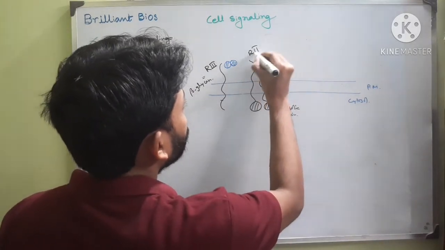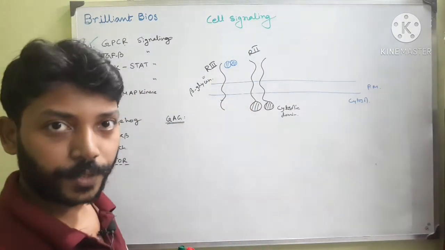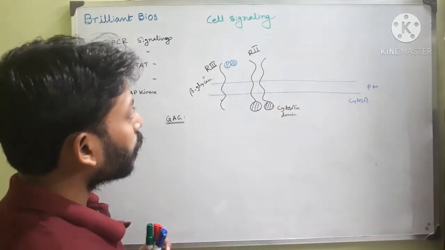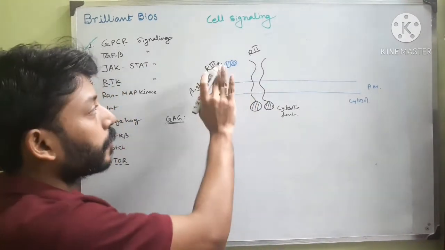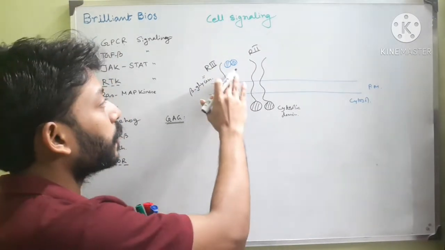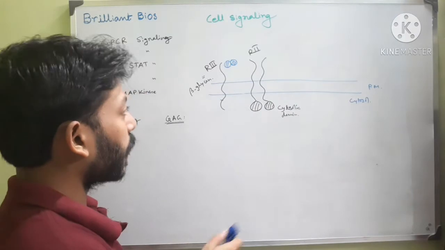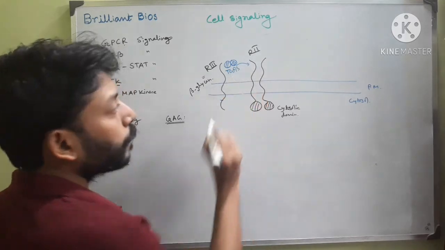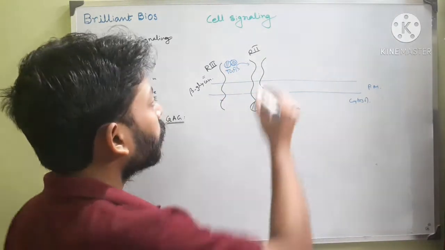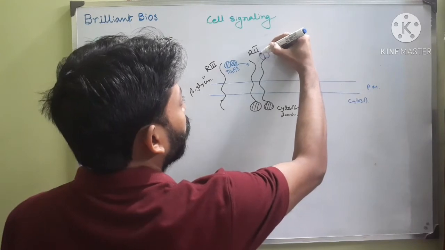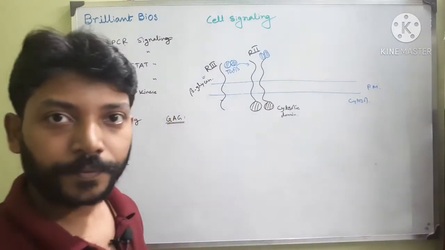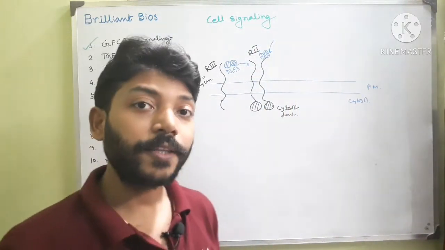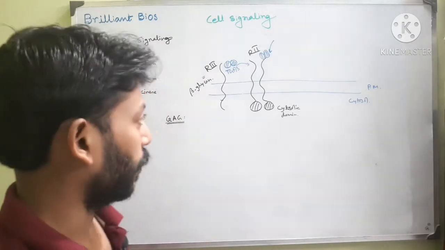Here the difference is, R3 is a single transmembrane glycoprotein, but R2 is a dimer. Now this R3 gives the TGF beta to R2, or in some cells TGF beta dimer binds with R2 directly. So there are two ways: one way, and another is that it binds directly with R2. But one thing you have to understand, this is the information you can remember.